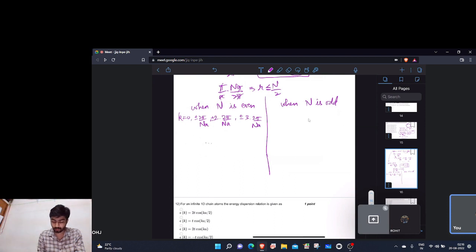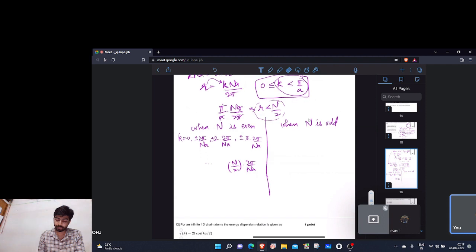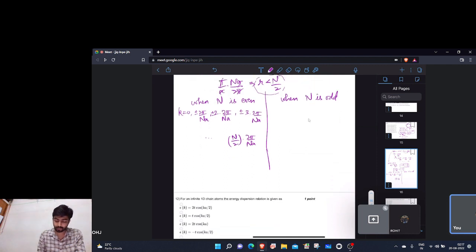Now as we know that r is restricted by N by 2, the last term would be N by 2 multiplied by 2 pi by Na, and since the last term is a single term, I think this goes here. Initially I was correct. So the last term is only one term.